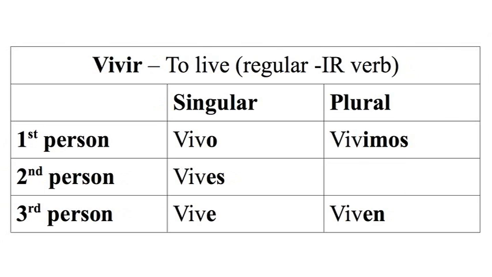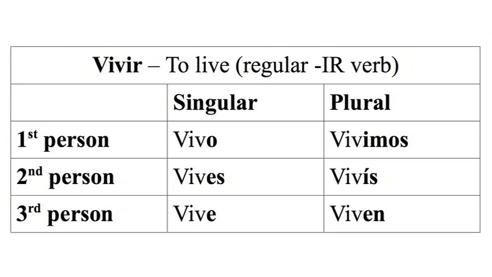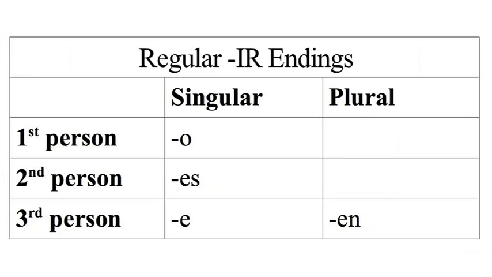The ending is IMOS. Now, the vosotros form is a little different, and you won't use it that often anyway, so I'll just give it to you straight. It's just an I with an accent and then an S. Vivís, you live. But remember, you only use this form when you're in Spain, talking to a group of friends or people you're very comfortable with.